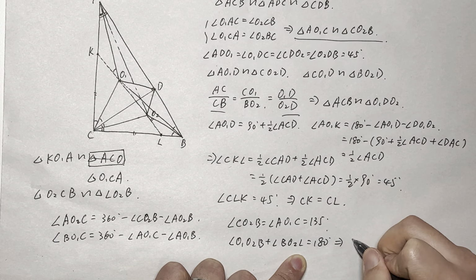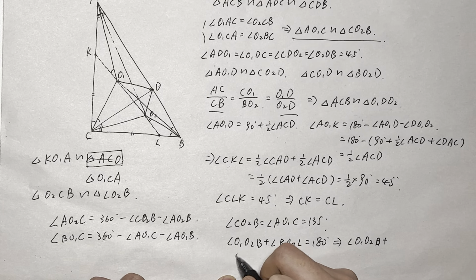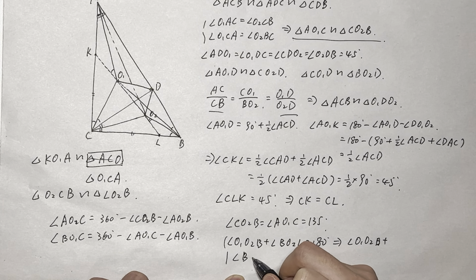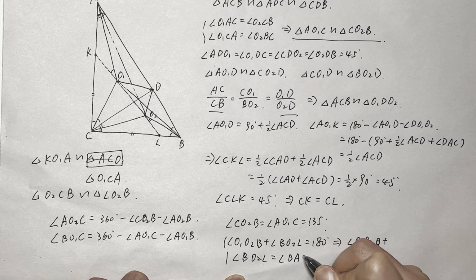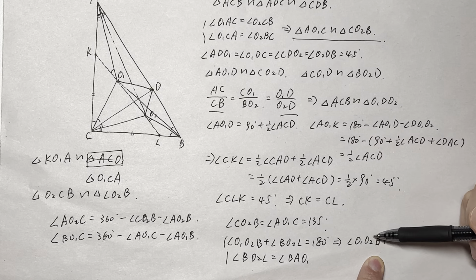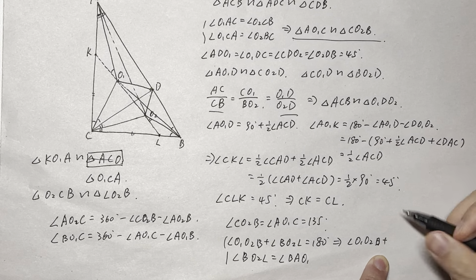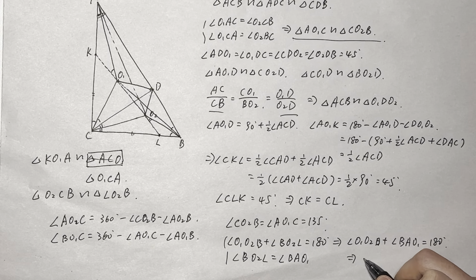So we know that angle O1O2B plus angle BAO1 equals to 180 degrees, which means A, O1, O2, B are cyclic, right?